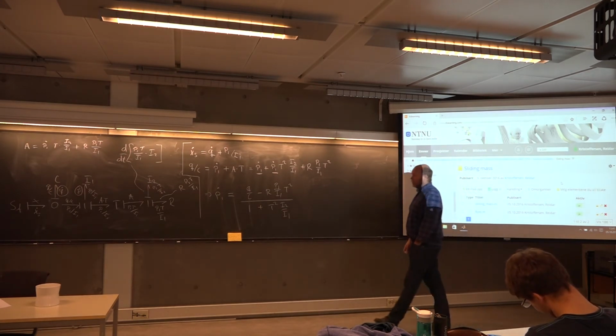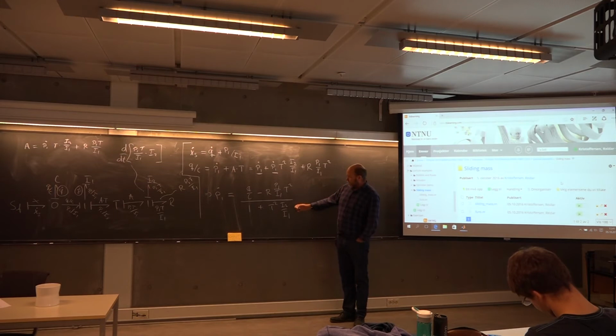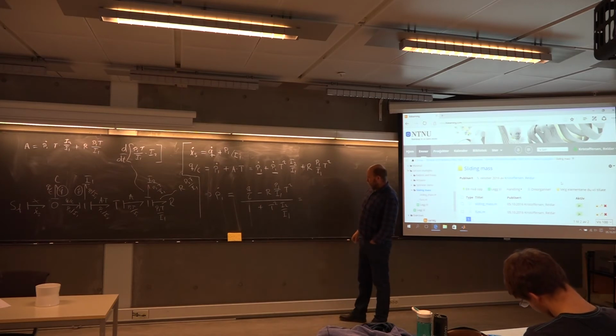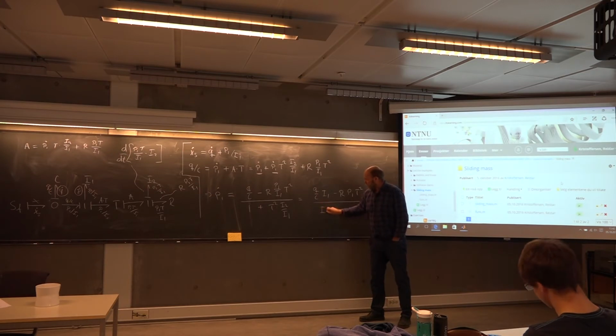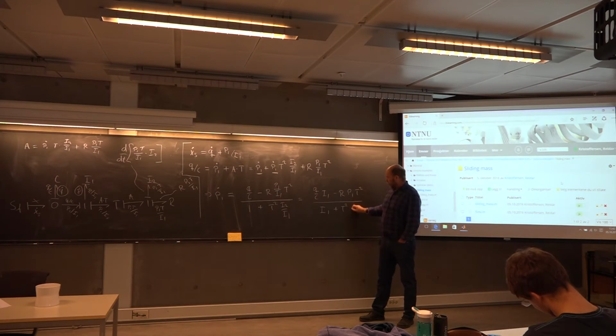If you multiply with I1 on up and down here, you can rewrite it a little bit. You will have Q over C I1 minus R times P1 T square divided by I1 plus T square I2.